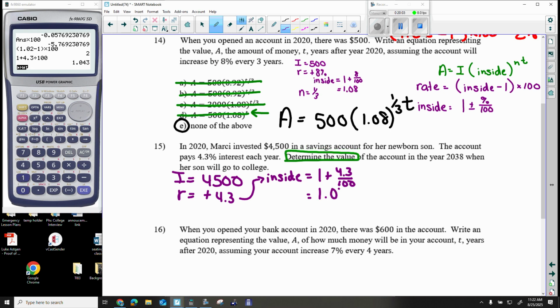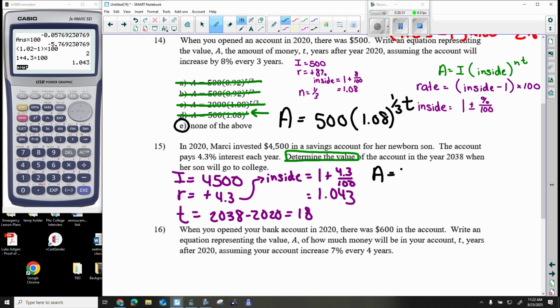And this is occurring every year, so n is equal to 1. But this one we actually need an answer. We need to know how many years this takes place. This takes place between 2020 and 2038, so a simple subtraction tells you that that is 18 years.